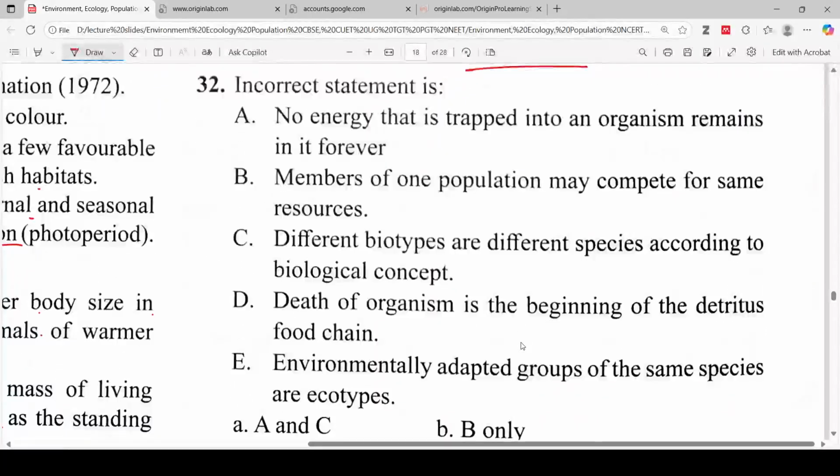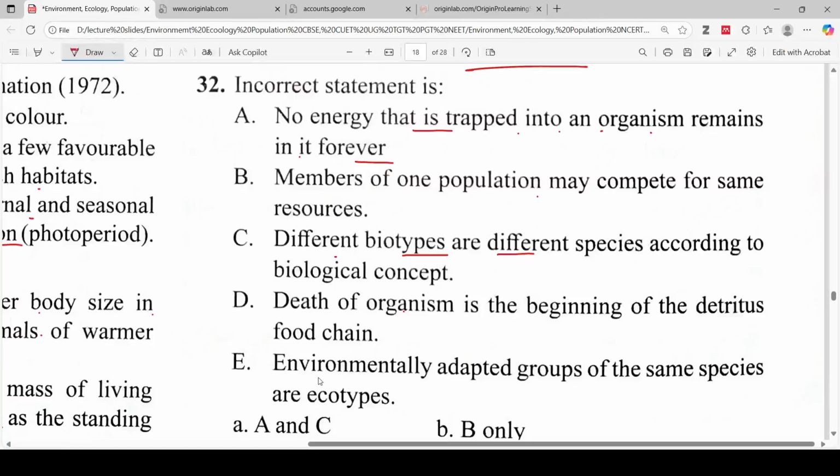Incorrect statement. No energy that is trapped into an organism remains in it forever. Members of one population may compete for the same resource. Different biotypes are different species according to the biological concept. Death of an organism is the beginning of the detritus food chain.